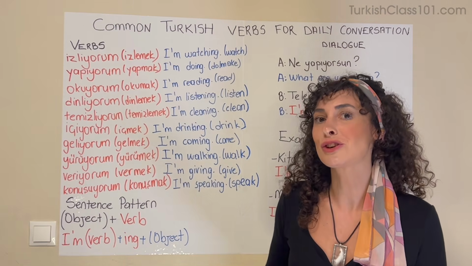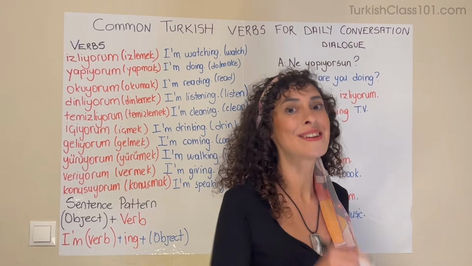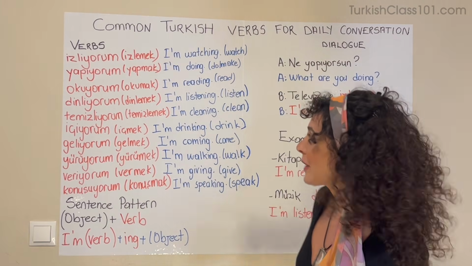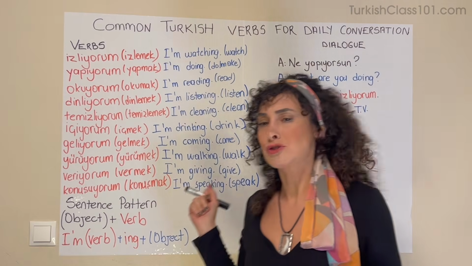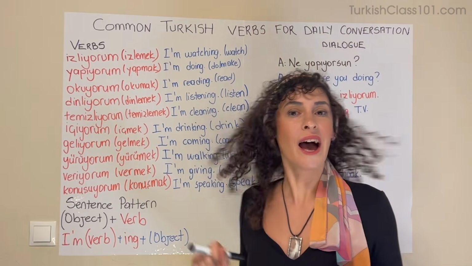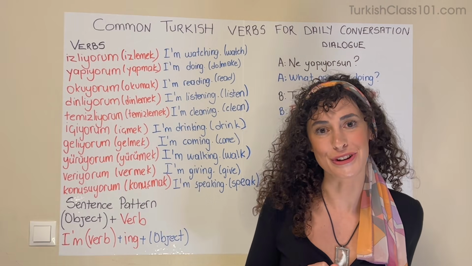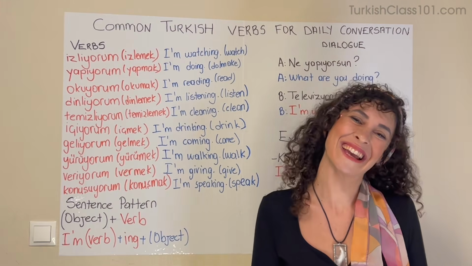That's very Turkish. So don't get offended, and you can answer as much as you want. And when you are answering, you can use our verbs here, okay? You can say, I'm drinking this, I'm doing that, I'm cleaning the house. We have all the verbs here for you. Not all the verbs, but a lot of verbs. Okay.